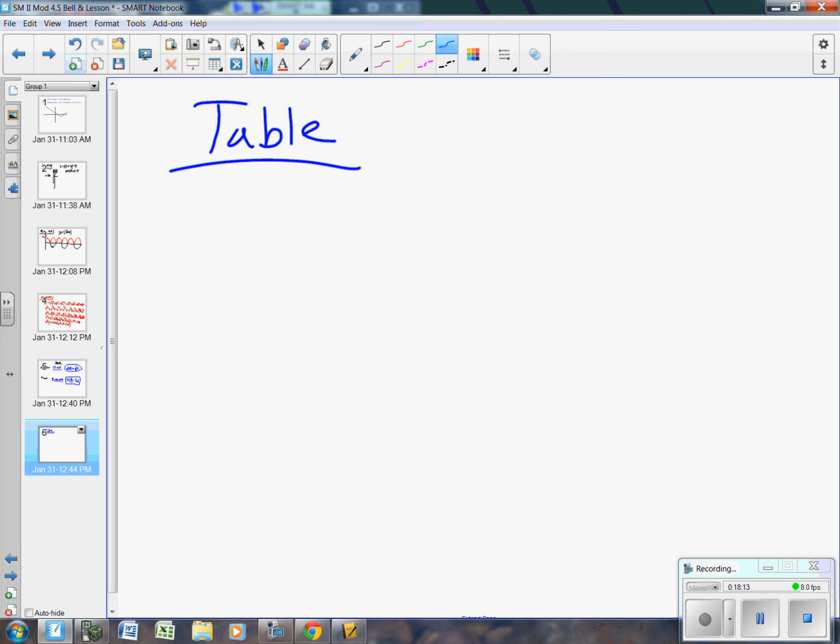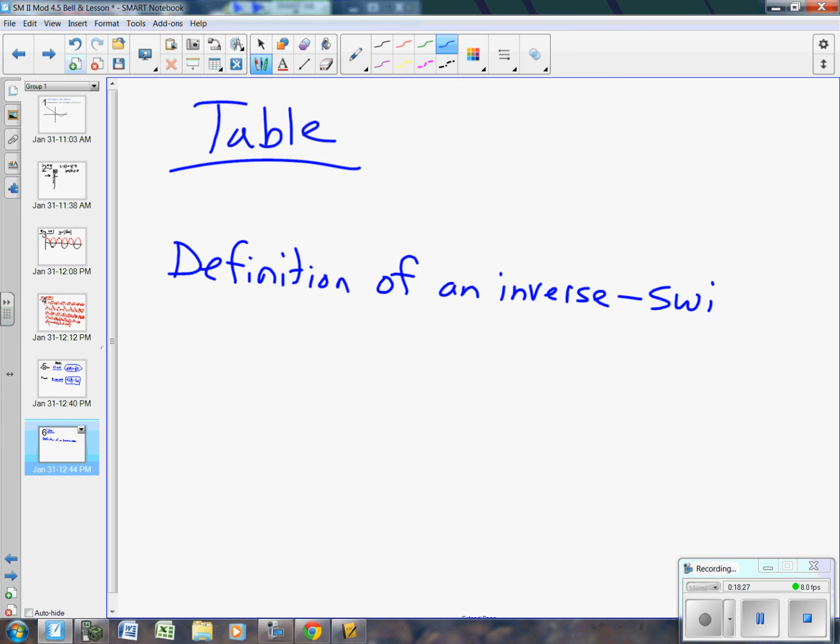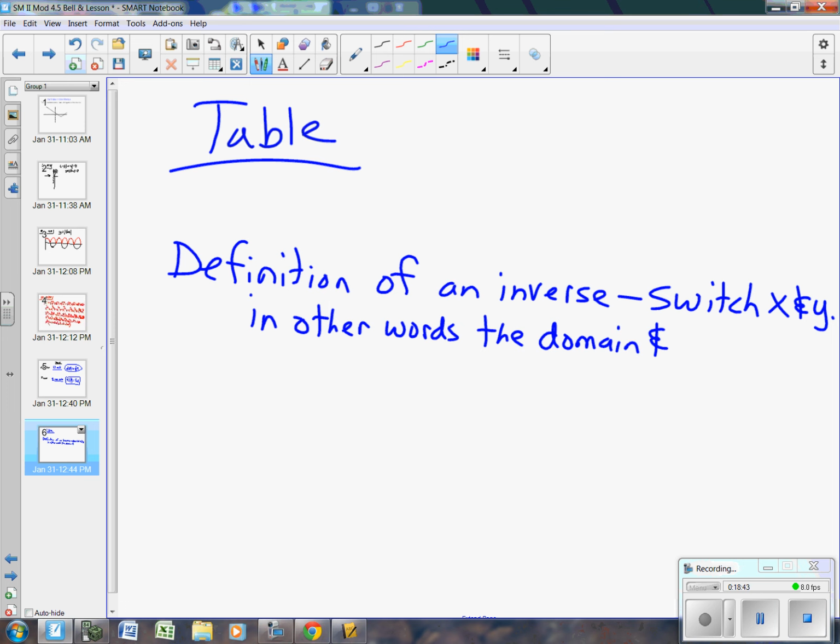In fact, I want everybody to write this down. Definition of an inverse. Write this in your notes. Definition of inverse: switch x and y.